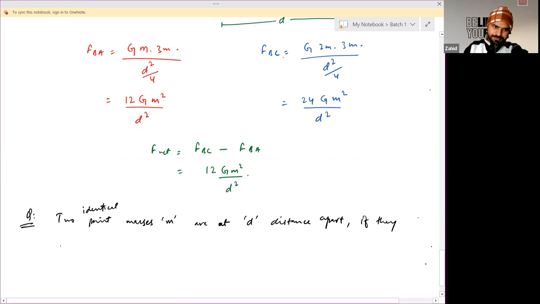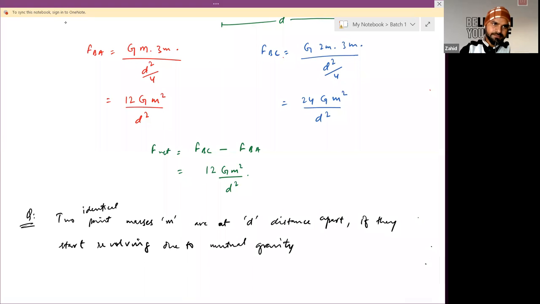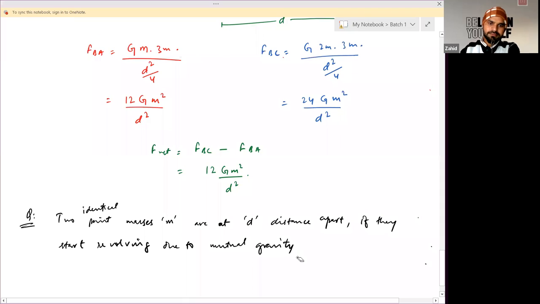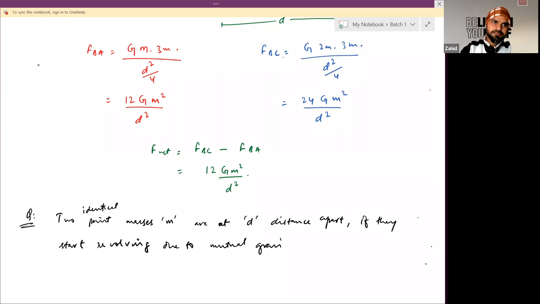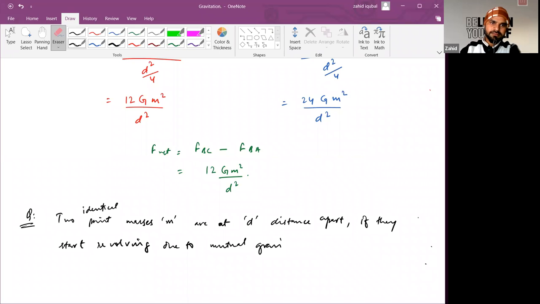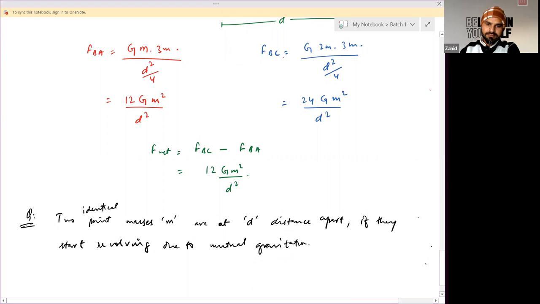If they start revolving due to mutual gravitational force, find the velocity of revolving.